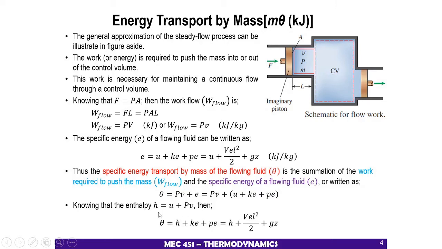Knowing that enthalpy is u plus Pv for a fluid, the general equation is theta equals enthalpy plus kinetic energy plus potential energy, which is h plus vel squared divided by 2 plus gz.